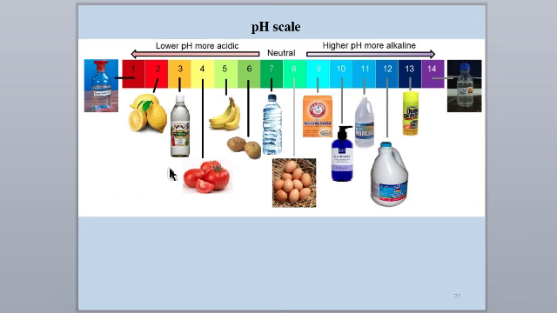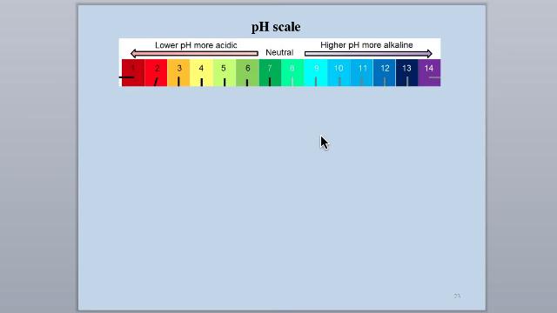So looking at this scale, you can think of things that are acidic having a very sour taste, and things that are basic having a very bitter taste to them, actually. And coffee would run around 7 to 9, and coffee, as everyone knows, is pretty bitter.